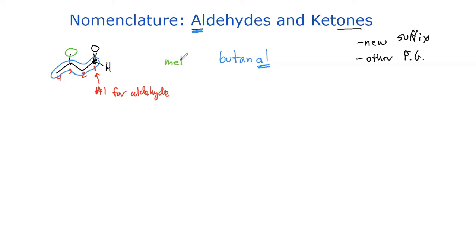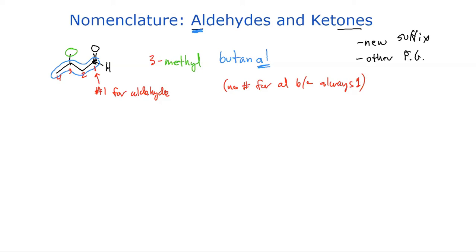So methyl for the substituent, 3 to identify its location. And notice that we don't have a number for the aldehyde because it's always a 1. So since that's redundant, we don't need to worry about it.